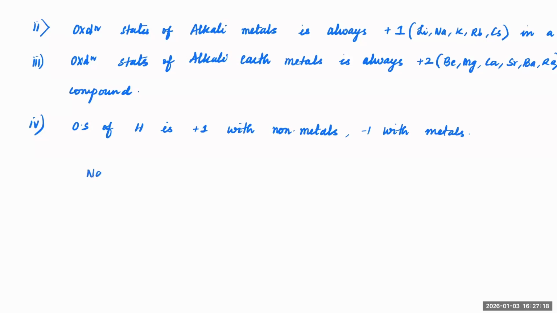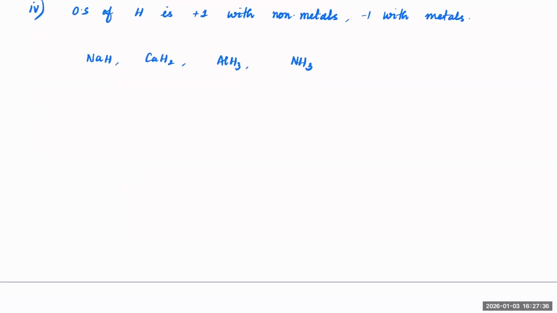For example, if you have NaH, CaH2, and AlH3, and on the other hand, we also have NH3. In such cases, how do we know what the oxidation state is? Please check whether it is a metal or non-metal.